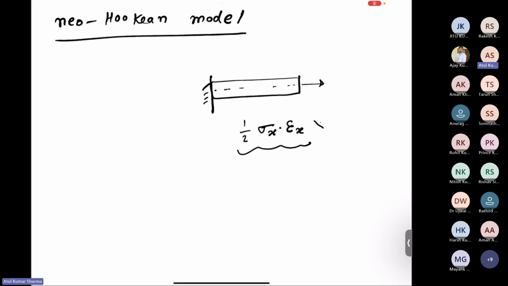If you multiply it with the volume of the system, which is an axial bar, let's say with cross-section area A and length L, then multiplying by A into L gives the total energy stored in the system, or strain energy.